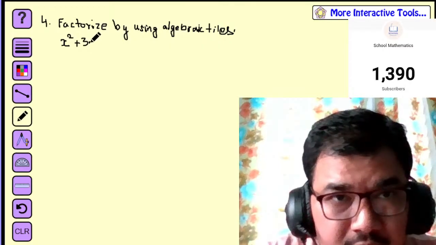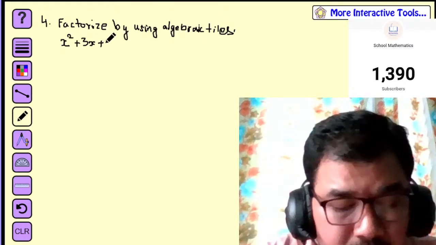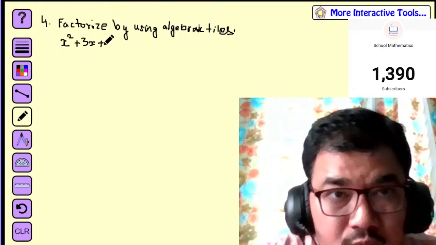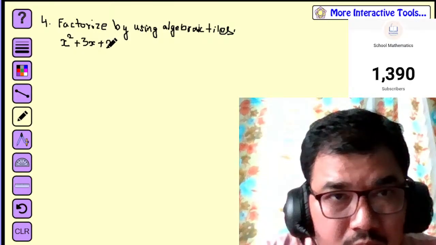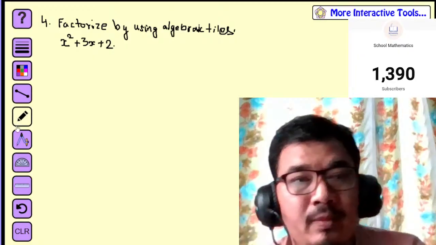X square plus 3x, and plus here is given 2. How to factor this by using algebraic tiles, look here.